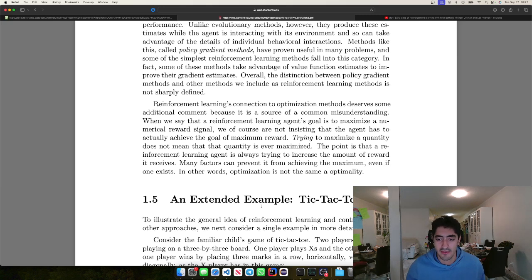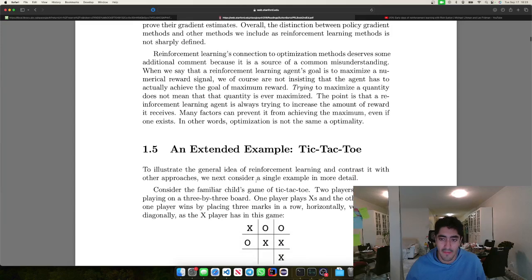Trying to maximize a quantity does not mean that quantity is ever maximized. The point is that a reinforcement learning agent is always trying to increase the amount of reward it achieves. Many factors can prevent it from achieving the maximum, even if one exists. In other words, optimization is not the same as optimality.